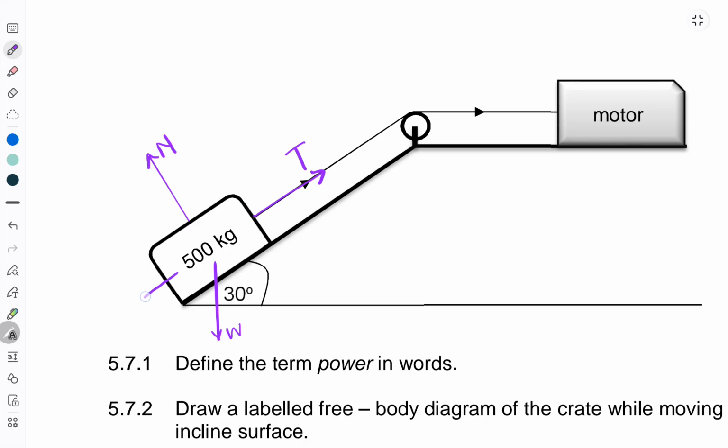Then of course there's our frictional force, which is opposing the direction of motion. This is our kinetic friction. All right, so those are the things that we have so far in our force. Let's call this our force diagram.